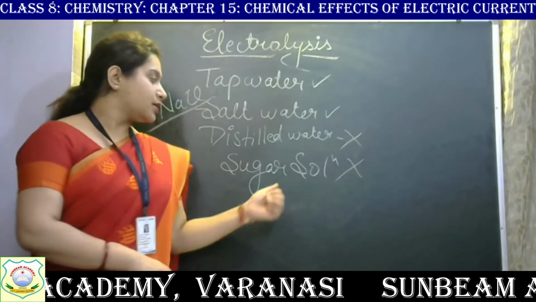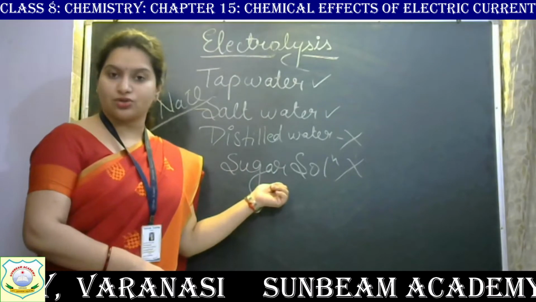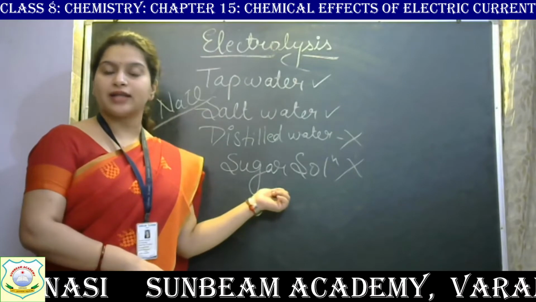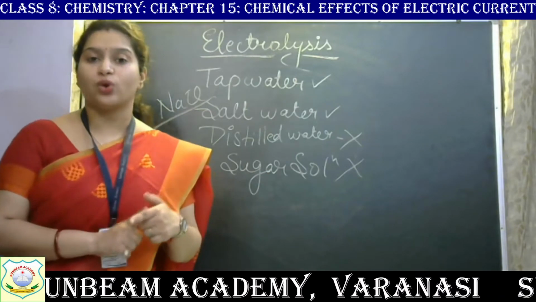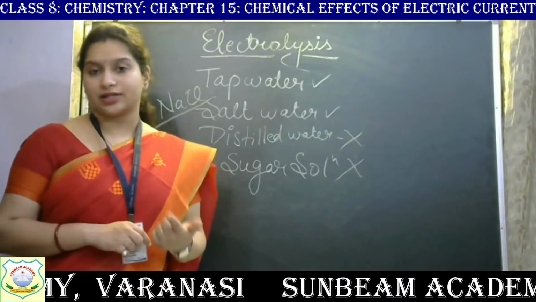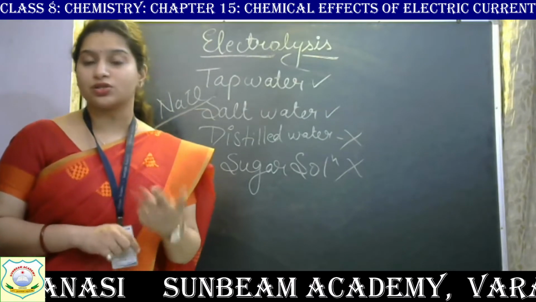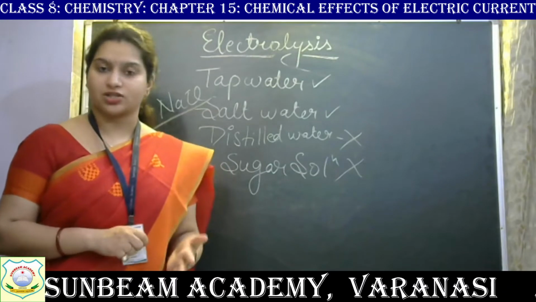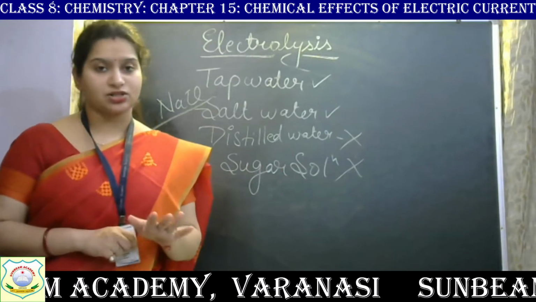Whereas in distilled water, we don't have any charged particle dissolved in it because distilled water is pure water. Getting it? Similarly, in case of sugar solution also, the sugar that is C12H22O11 will also not conduct electricity because it does not contain any type of charge. Okay.